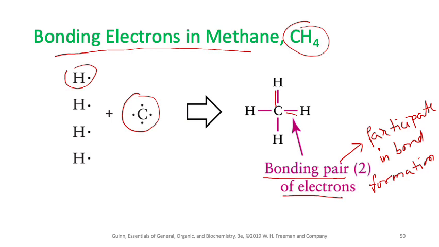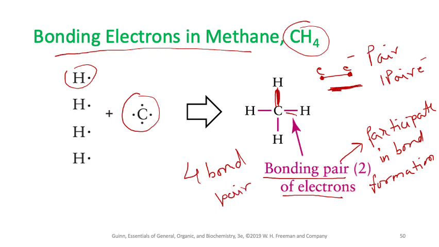If you see over here, this is 1 bond, and how many electrons are making 1 single bond? 1 from each side, 2 electrons, right? So to make a single bond, 1 line, you need 1 pair of electrons. So how many bonding pairs do we have in this CH4? We have 4 bond pairs.